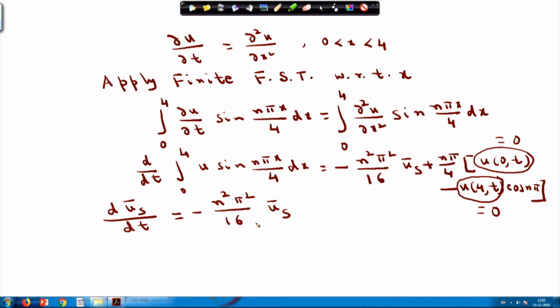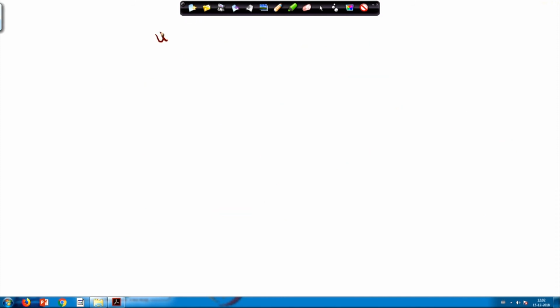So, directly I can write the solution of the ODE as u bar s equals a into e power minus n square pi square t by 16.